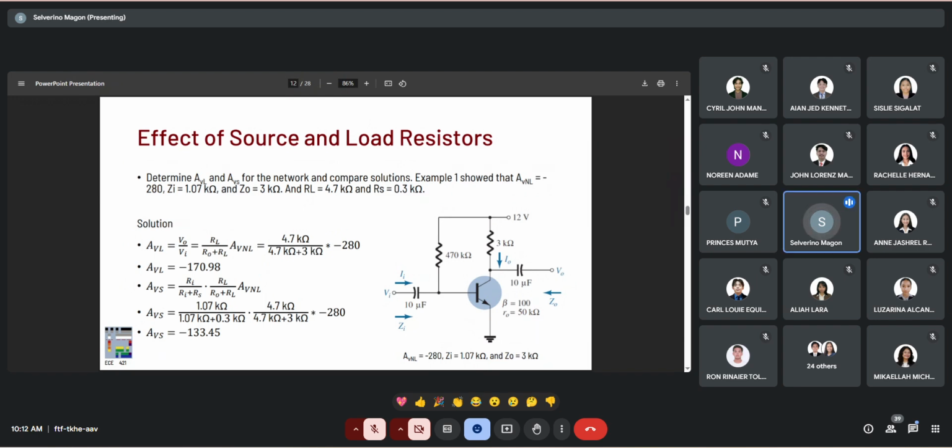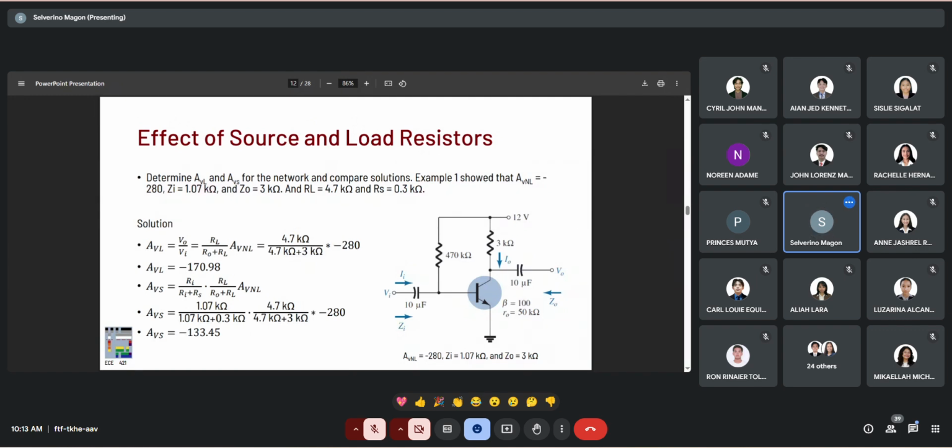So loaded voltage gain is no load voltage gain times the voltage divider network from the output side, RO and RL. So the negative 280 voltage gain was reduced to negative 170. So the loading effect has a reduction effect in the voltage gain.